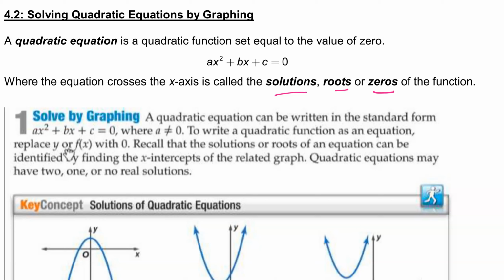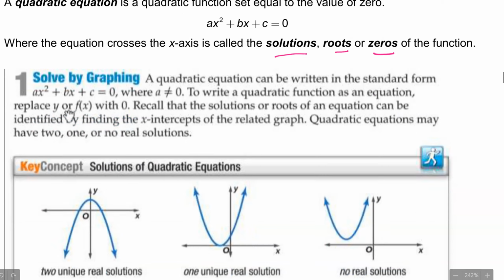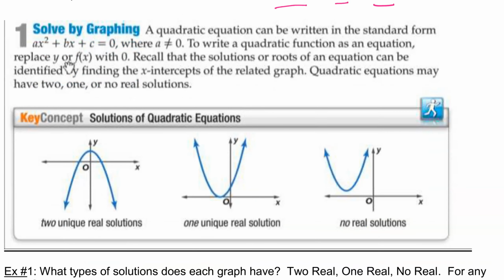Like, we knew about this, right? Because we talked about this already in the first two sections. I graphed a problem and asked how many solutions it has, and you said 2, because it crosses twice. It was on your quiz. So how do you actually solve by graphing? You can plug it into your calculator and then use the analyze menu, analyze graph, zeros.